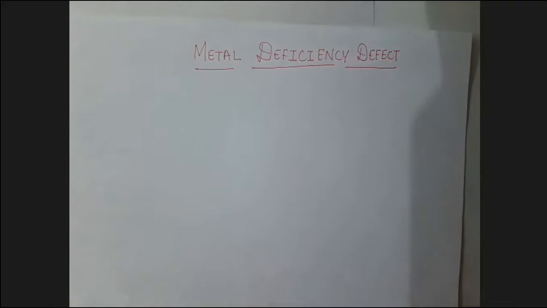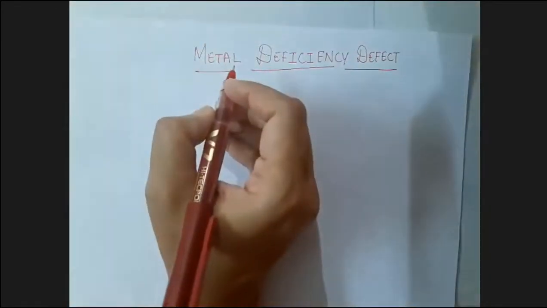To maintain neutrality, the same metal ion having a higher positive charge is added. For example, we have FeS.